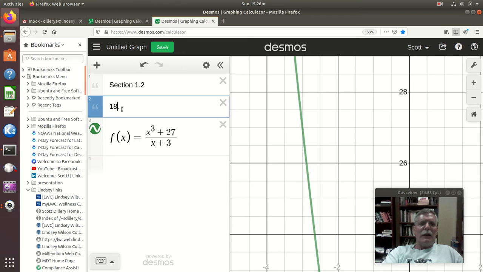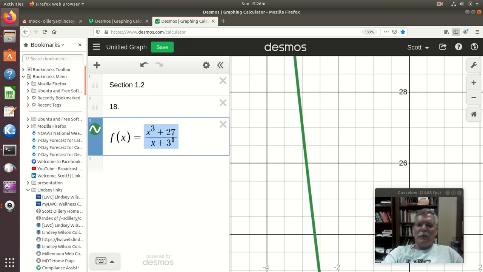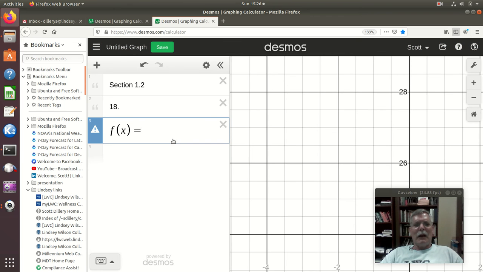Okay, because 18 is a piecewise defined function, and it's just asking, does the limit exist? Well, I want to put that function in here, so I want to get rid of that. Now, to do a piecewise defined function, the main thing to remember is mostly we just have to do it in the opposite order of how we tend to write it.